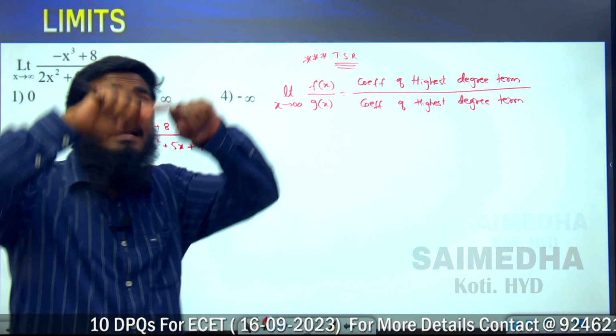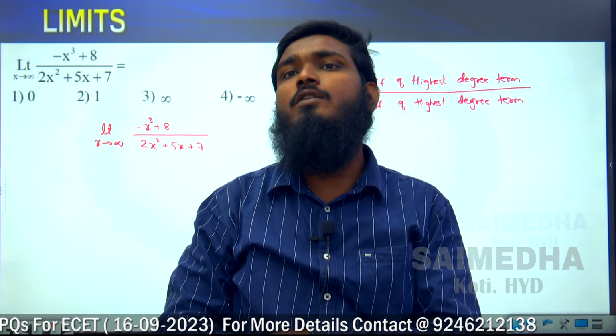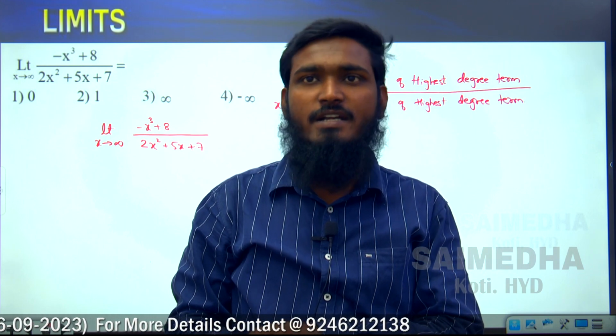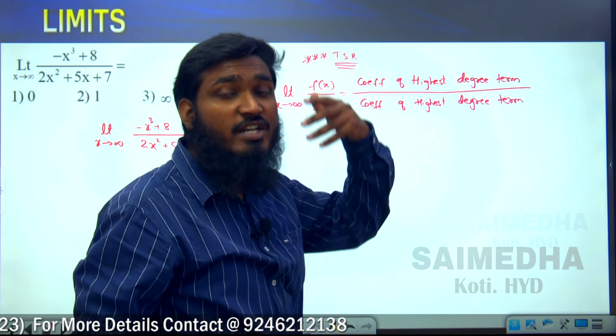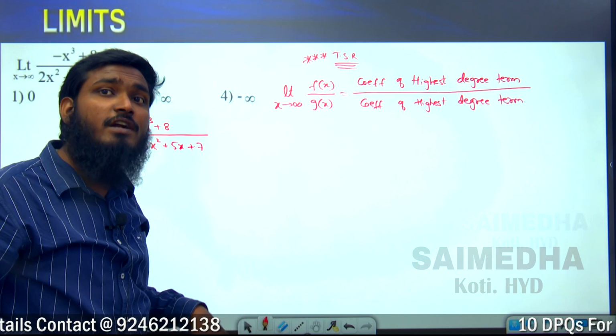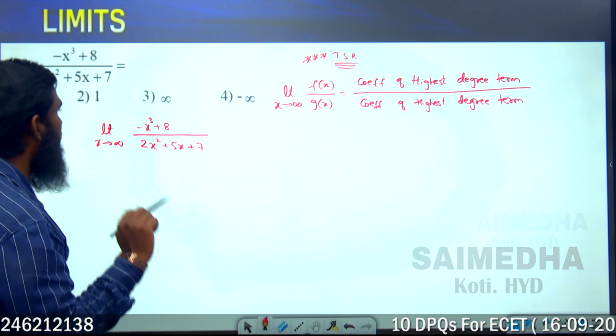First we have to find out the highest degree term from the complete question. After finding the highest degree term, we take the coefficient of that term from the numerator, and then the coefficient of that term from the denominator. That's it.